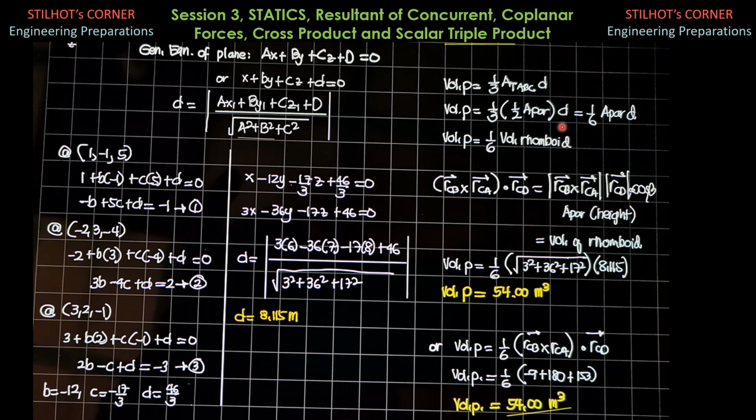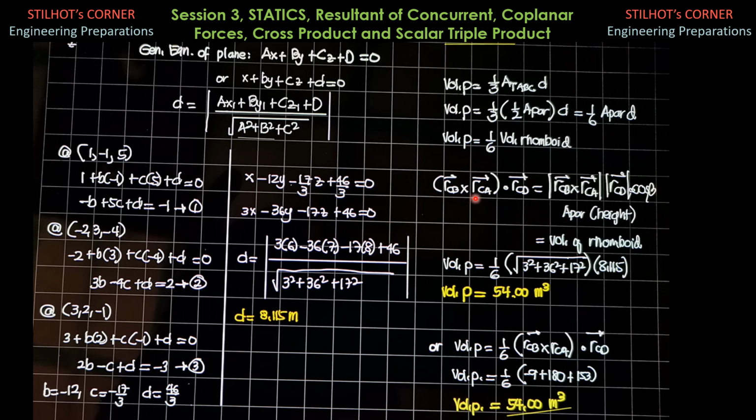Since the area of the triangle is 1/2 area of the parallelogram, times distance or height, then the volume of the pyramid is 1/6 area of the parallelogram times D. So since the area of the parallelogram is twice the area of the triangle, or simply this is the magnitude of the cross product of the two sides. So volume of pyramid is 1/6 volume of rhomboid. Remember, area of parallelogram times D is volume of rhomboid.